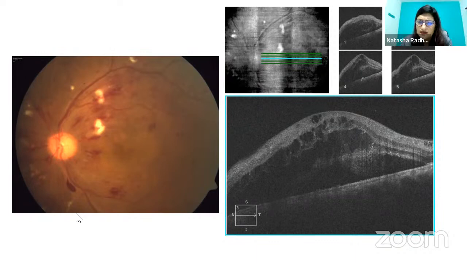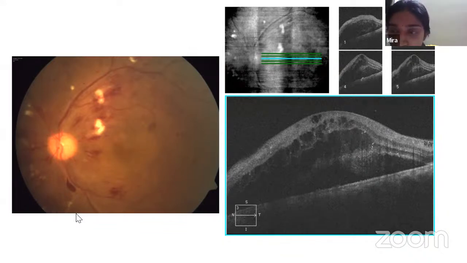Large under the retina, what are you seeing? Large submacular detachment also, isn't it? Yeah, so there is submacular detachment along with the intraretinal edema, and the whole thing is completely elevated.